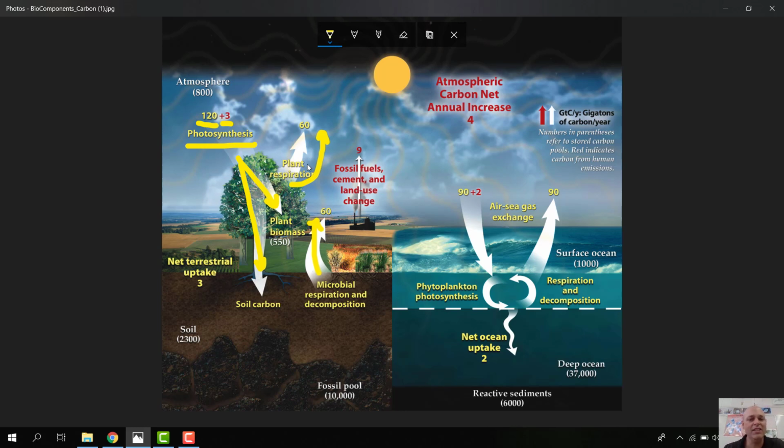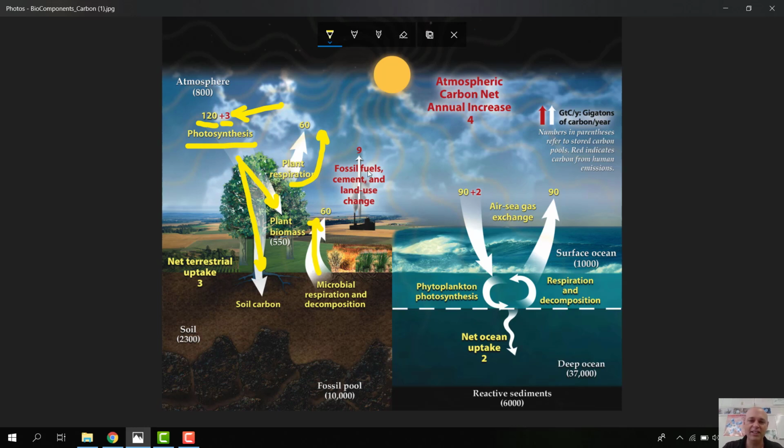So far that's even. That's equal. This plus 3 right here is from humans. That's why it's in red. Because of the plants and stuff that we grow, the extra biomass, things of that nature, through our processes, we actually take an extra 3 gigatons out of the atmosphere. So that's good. That's actually pulling carbon out of the atmosphere.